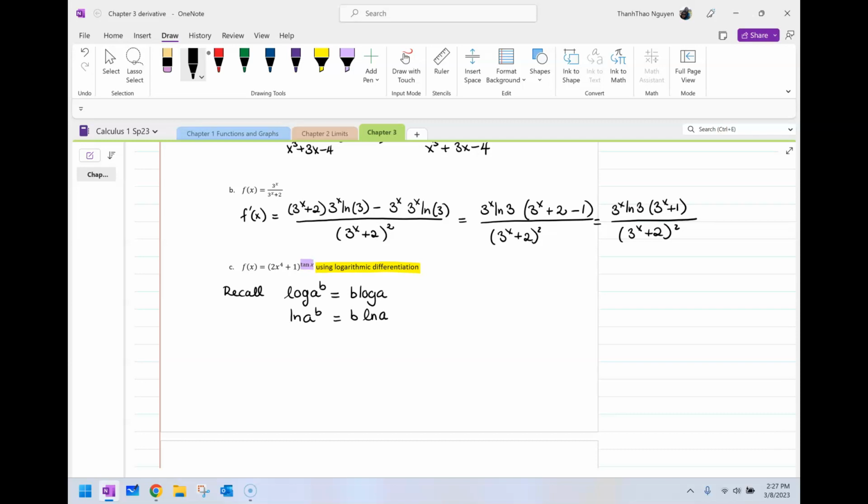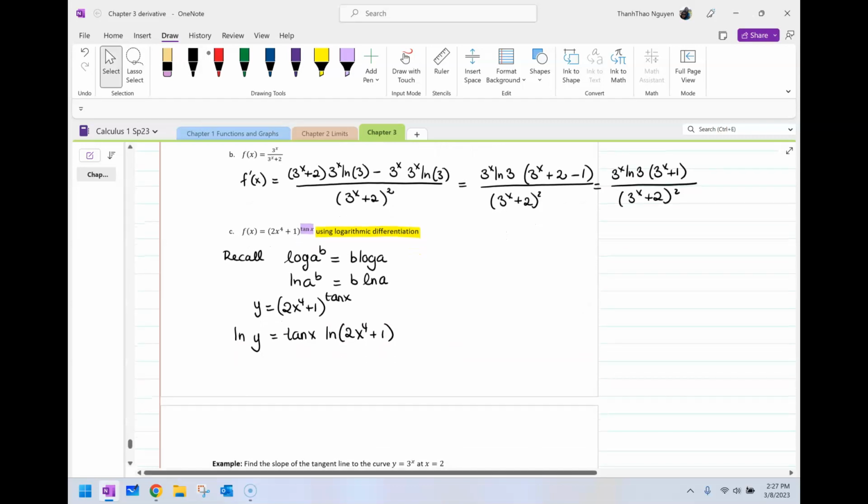So I will rewrite my function as y equal 2x to the 4 plus 1 to the tangent of x. If I take the natural log of both sides, then I can bring the tangent of x down. Now I can take the derivative here. So then we need to use implicit differentiation.